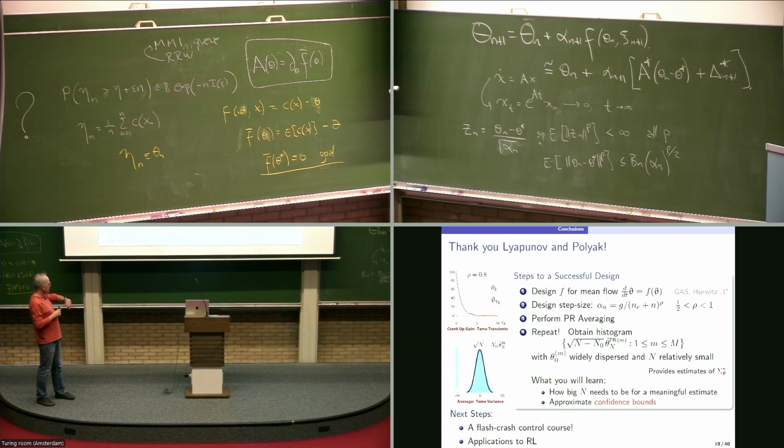Yeah, so I've got some more time, but I'm not going to use it. The next lecture is this sort of control crash course, which thanks to Deb, I don't have to, I can go pretty quickly through it. I'm going to go through how to apply this to RL, how it works.